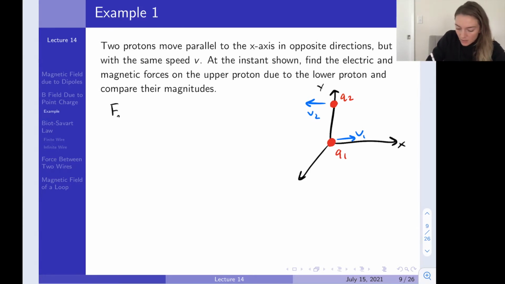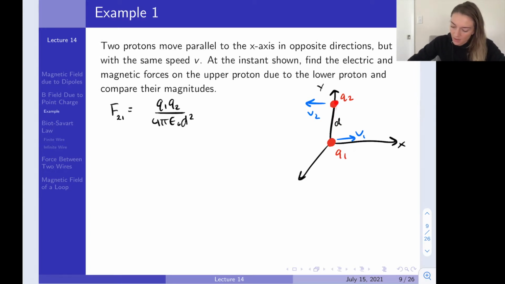The electric force on charge 2 due to charge 1 will be Q1 Q2 over 4 pi epsilon naught d squared, where d is the distance between them. The direction of this force is in the positive y direction because they're both positive charges, so they want to repel each other. This charge exerts an upward force on charge 2, in the positive y hat direction.